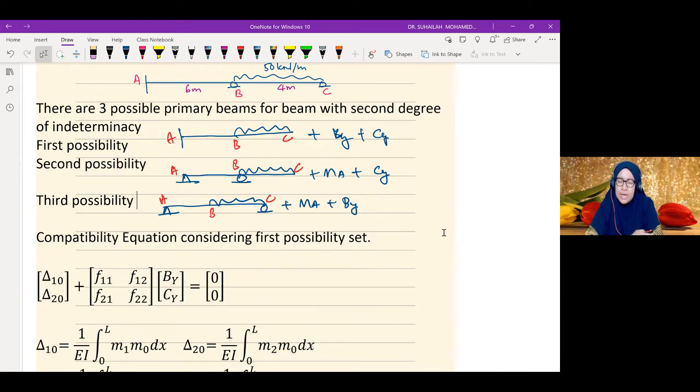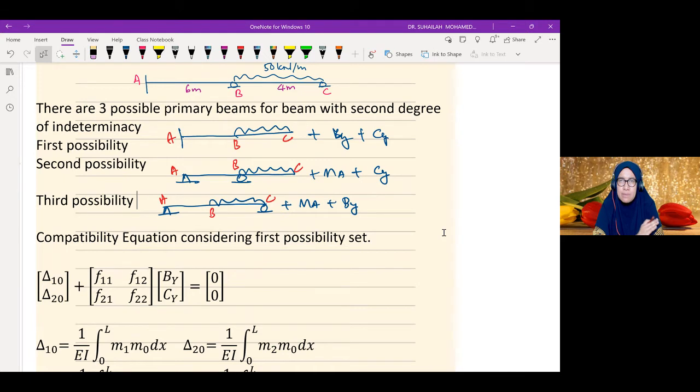We can also remove one redundant from A, that is the moment, and remove CY. So we get a determinate beam, cantilever end at C. The redundants are MA and CY. So this is also a determinate structure. This is the second possibility.